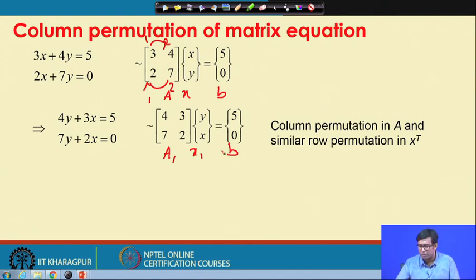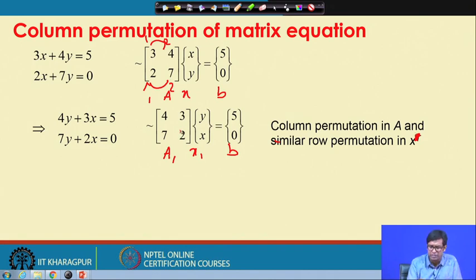So, the column permutation of A has similar effect. Actually, this should not be x transpose, correct, it will be x.